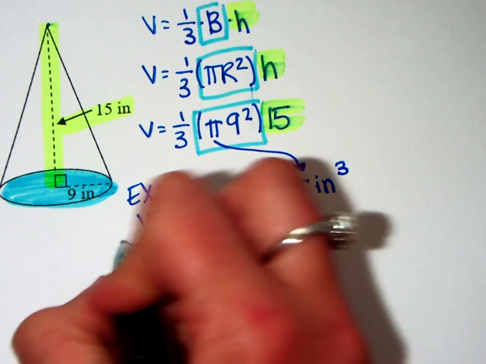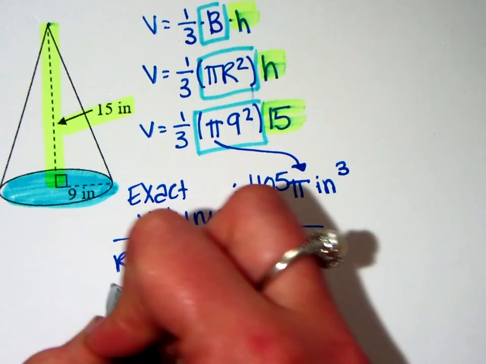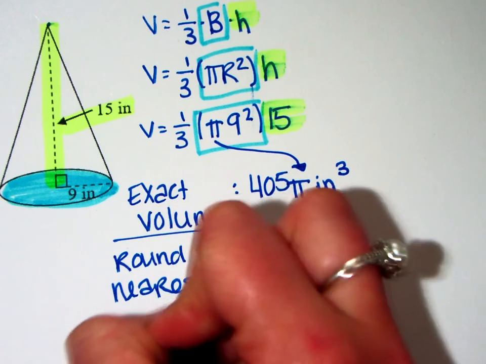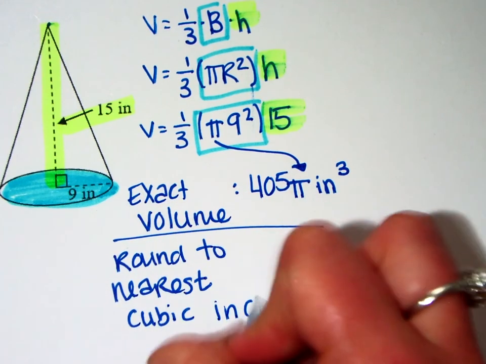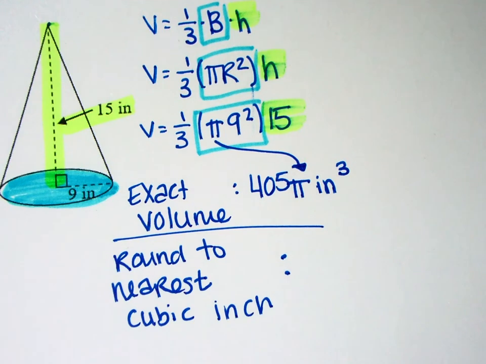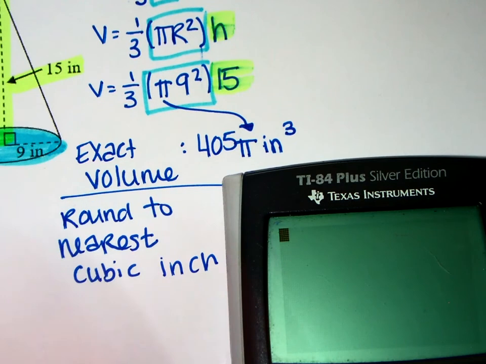Let's now round to the nearest cubic inch. That means we're going to round to the nearest whole number. So this time I'm going to type pi in my calculator: 1/3 times pi times 9 squared times 15.